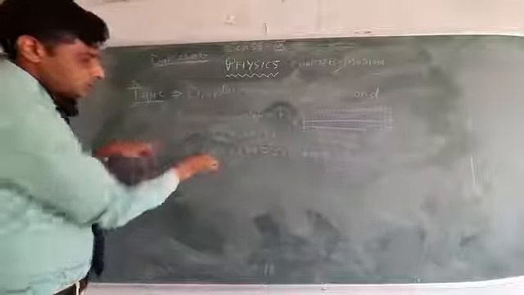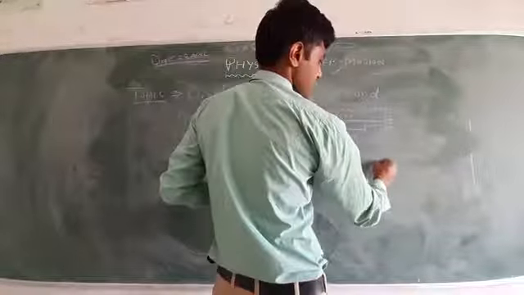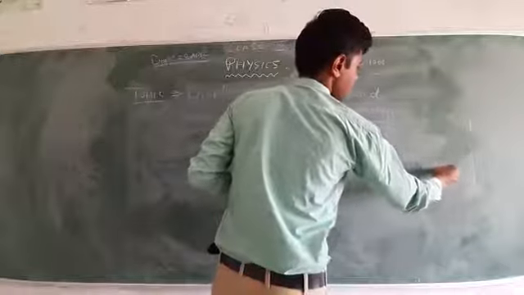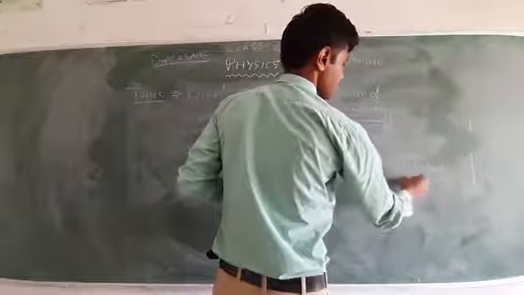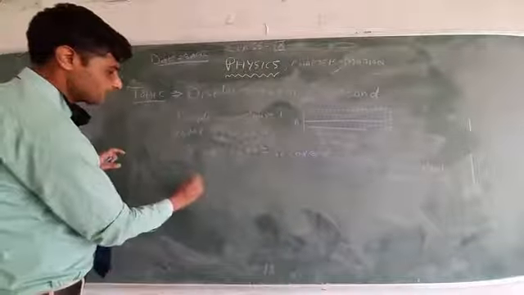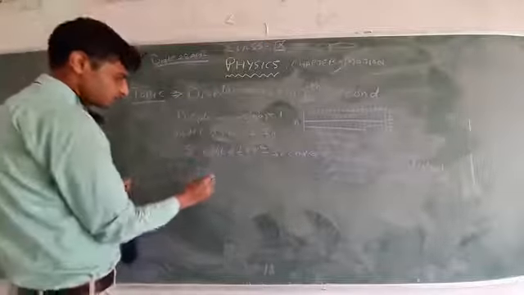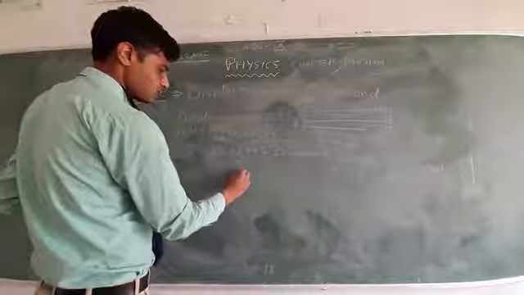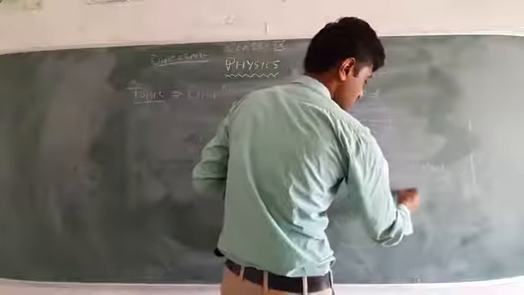Here u is the initial velocity and t is time. So we have to find the value of Sn, the displacement of the object after n seconds. So Sn equal to un plus 1 upon 2 a n square, where a is acceleration.